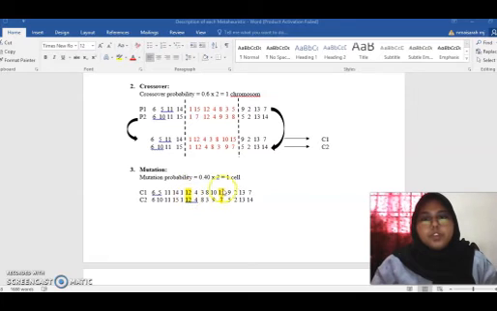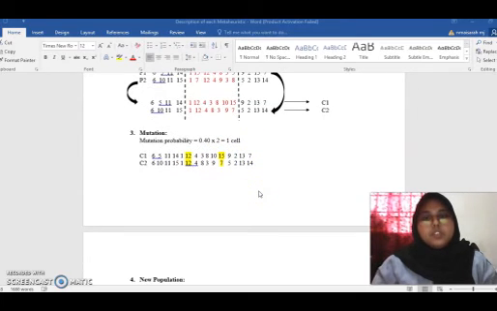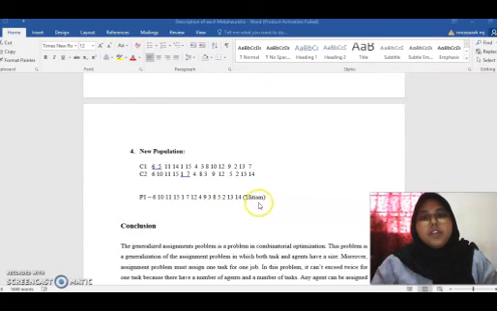So we swap 12 and 15, and 12 and 7 for children 1 and children 2. And the next population will be, the difference is here, 15, 7 and 12, 12. And our elitism is 6, 10, 11, 15, 1, 7, 12, 4, 9, 3, 8, 5, 2, 13, 14 from parents 1.